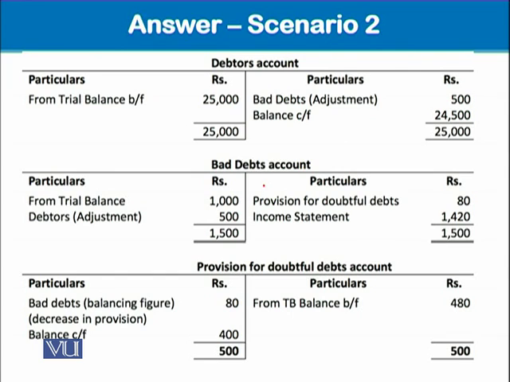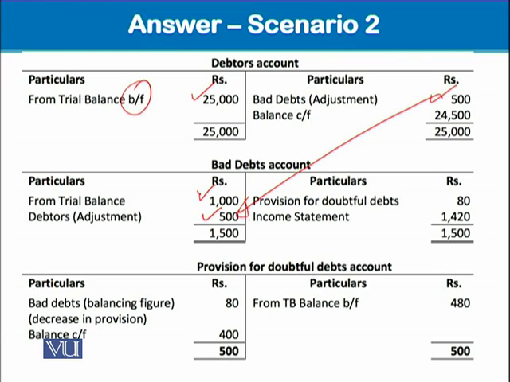For scenario 2, again, the opening balance is 25,000. Further bad debts are 500. Already we had a balance of bad debts appearing in the trial balance equal to 1,000.